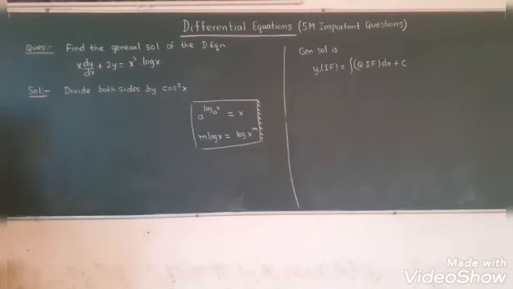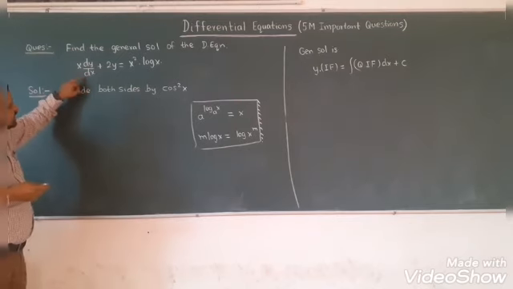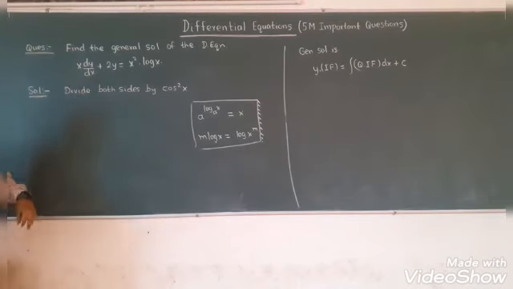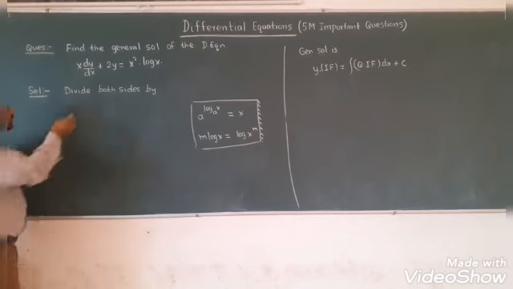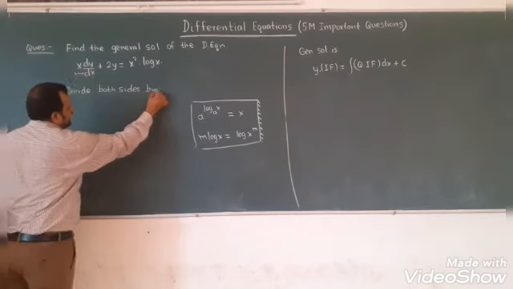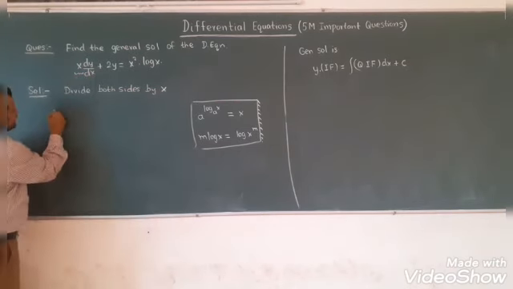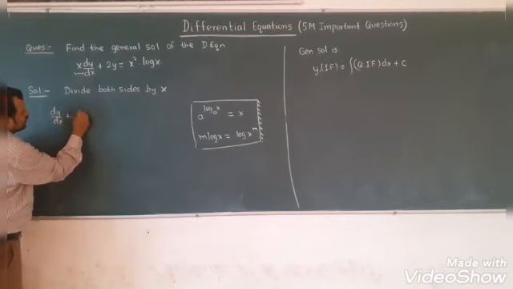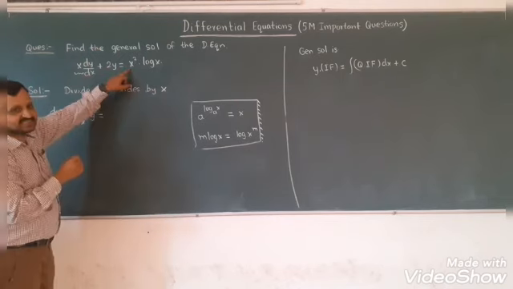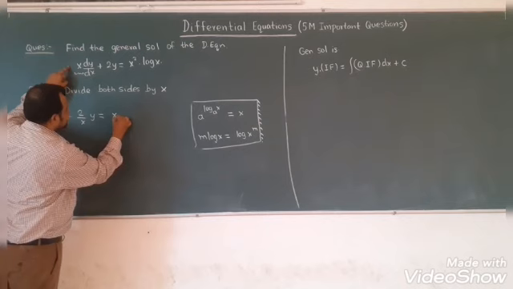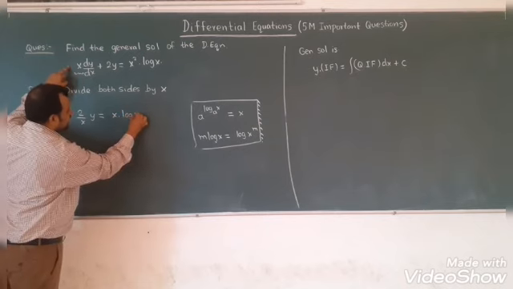Now see here, again the coefficient of dy by dx should be 1. So divide both sides by x. When you divide both sides by x, you will get dy by dx plus 2 by x y is equal to x square by x, so it is x into log x.